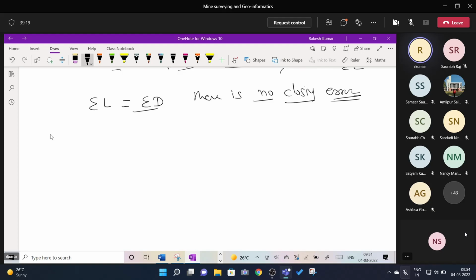So now the chapter starts: the computation of latitude and departure.